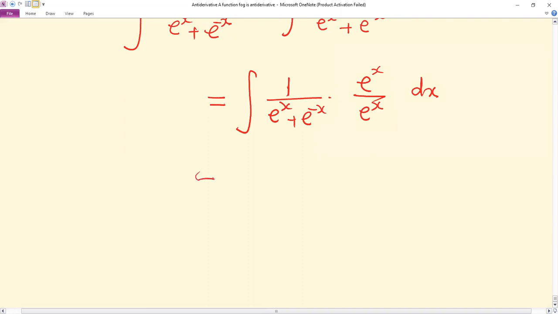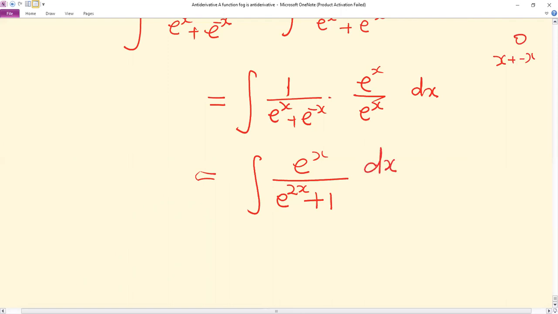So this will be integral e raised power x divided by e raised power x by this, which will give us e raised power 2x. e raised power x by this one, by laws of indices, that will give us 1, because it will be x plus minus x, that will be 0. e raised power 0 is 1. And then this will be dx.